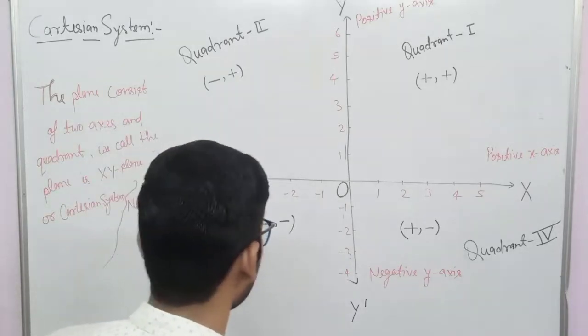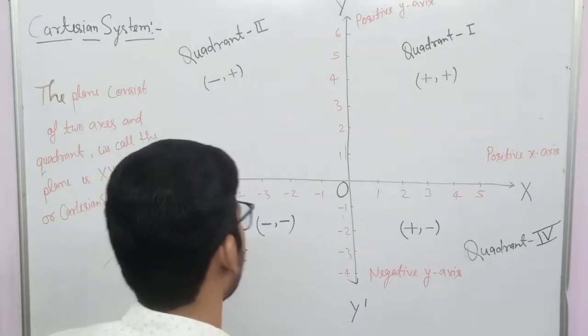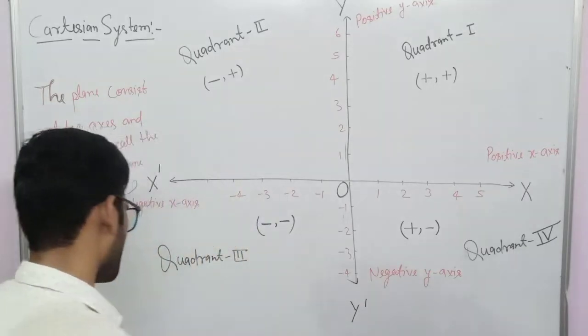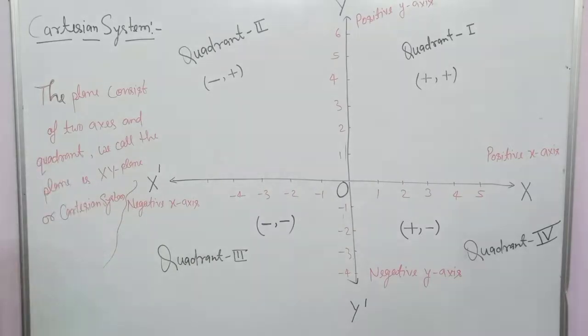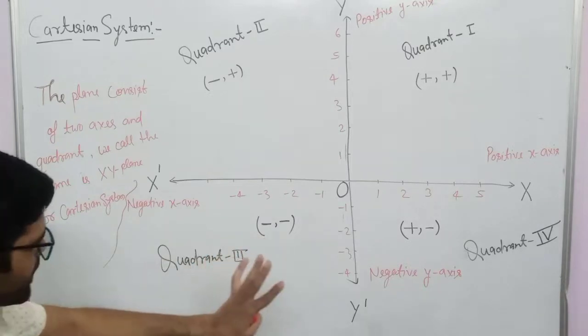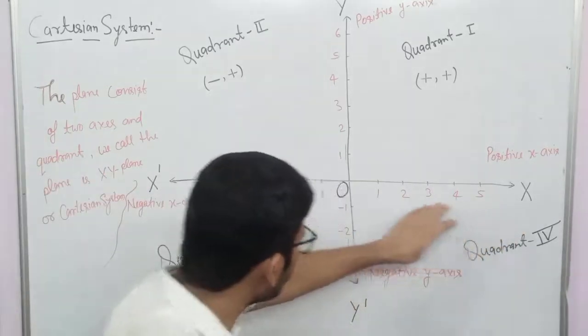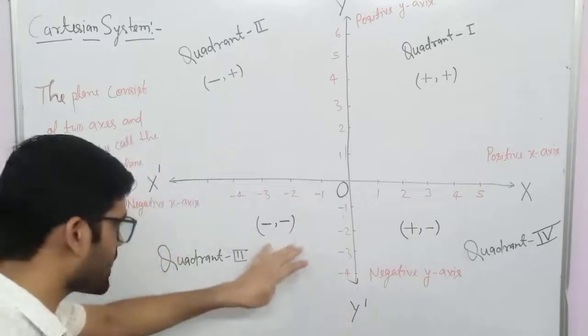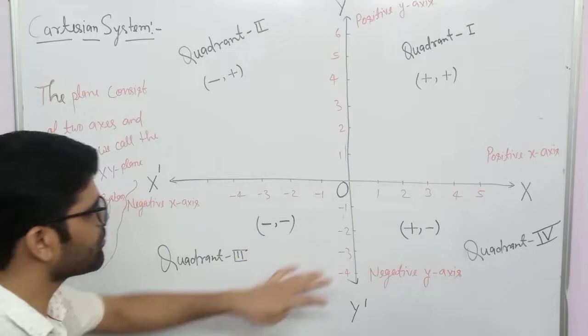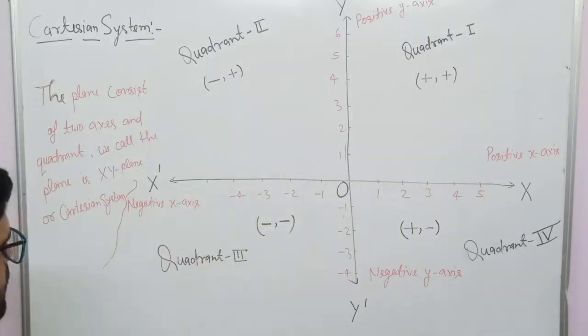And now the next terms are abscissa and ordinate. There are two terms, so you can write them in one place. Here we define the axes, x and y, the signs of the quadrants, and quadrants 1, 2, 3, 4 in one figure.